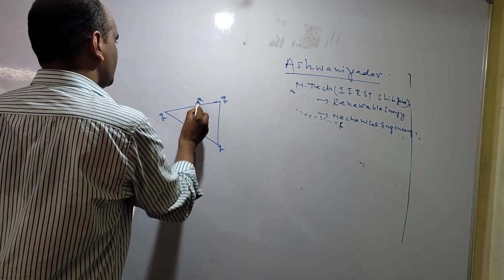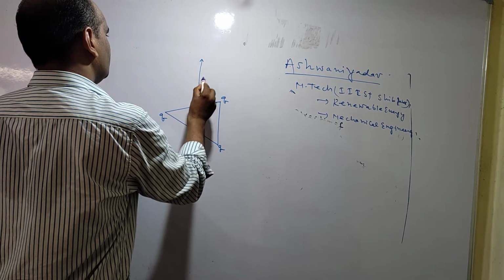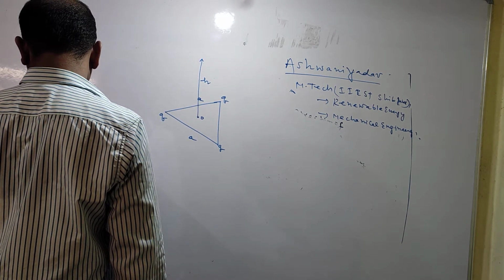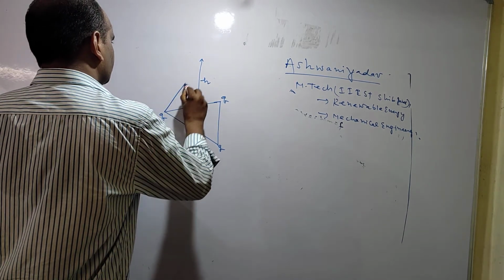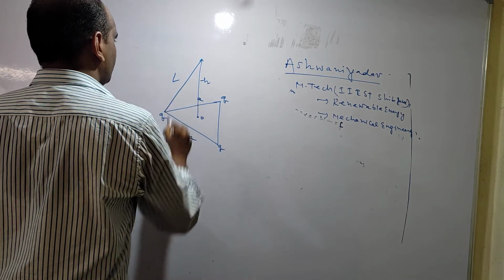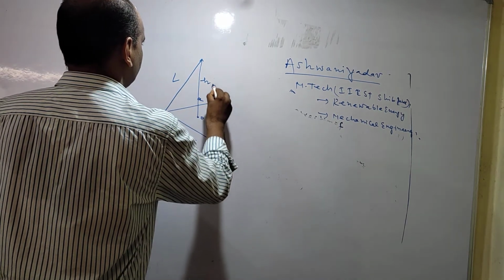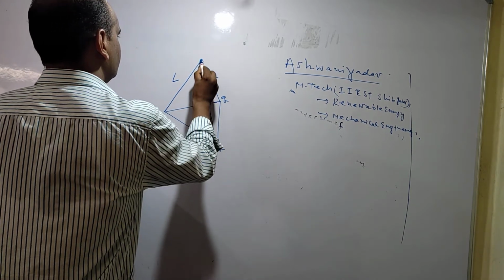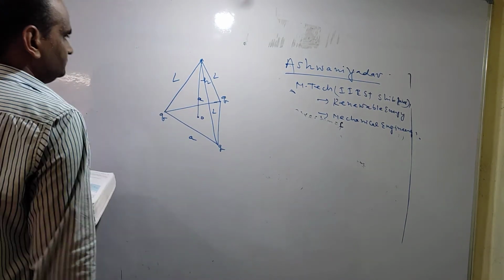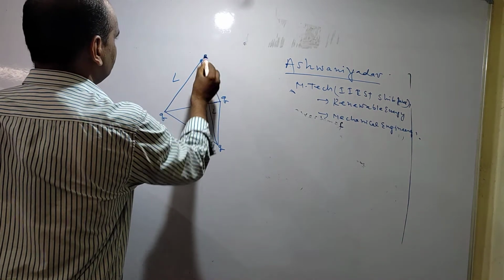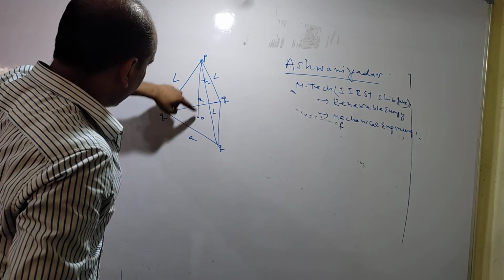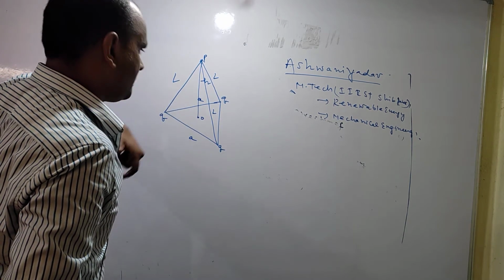So it is just above this one. This is your height h, and it is suspended by strings of length L, length L and length L. The point of suspension will pass through the centroid.